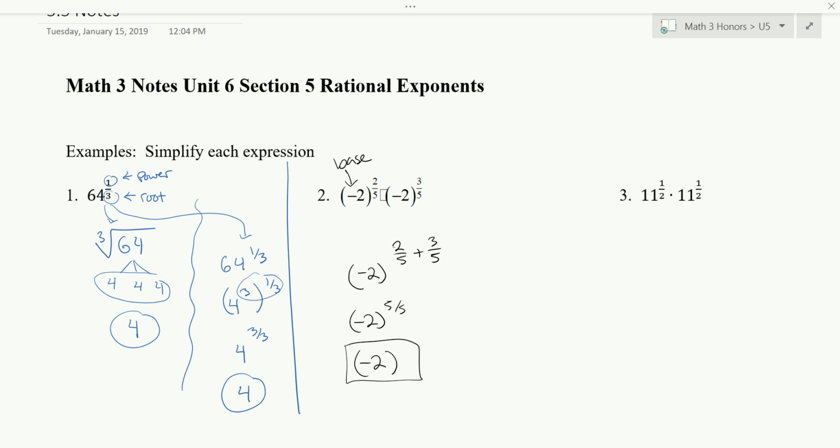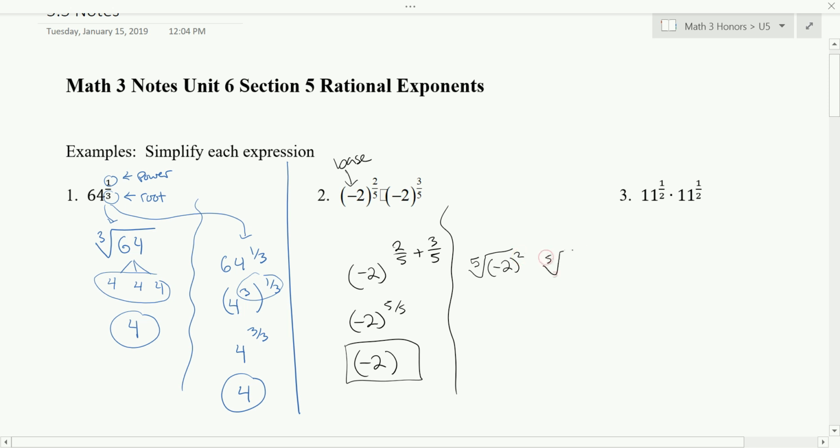Anybody see anything wrong with that though? It might be hard to catch if you're just working in this form. What does -2 to the 2/5 mean? It's the 5th root of -2 squared, and the 5th root of -2 cubed.